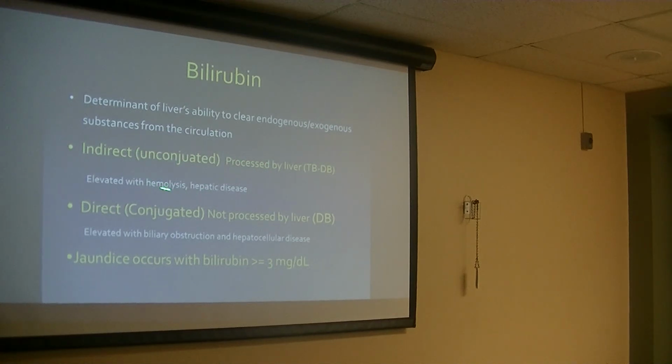Think of hemolysis when you see that one. When you do the actual lab work, they measure total bilirubin and direct bilirubin, so the difference is the indirect. Direct bilirubin is measured and reported on your lab report, and it's the one that is conjugated, processed by the liver.